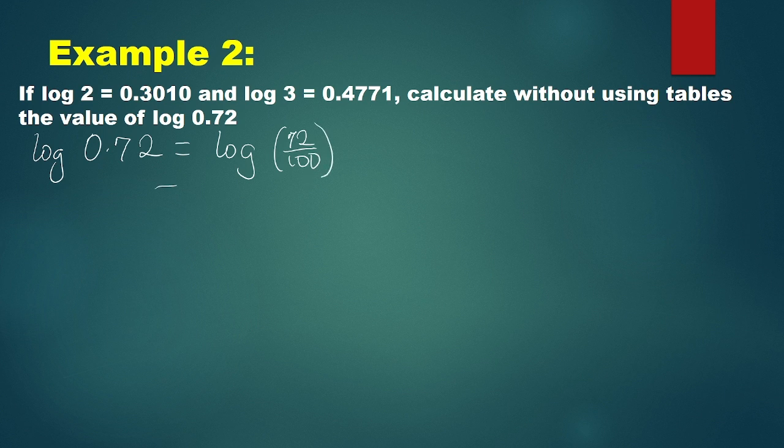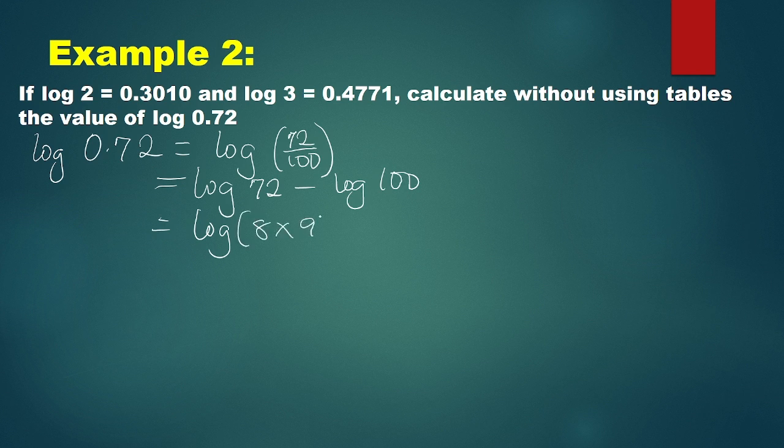Then I'll further break it, applying my division law in logarithm. I'll have log 72 minus log 100. This can further be broken: log 72 can be written as log 8 times 9, minus log 100 can be written as log 10 squared.